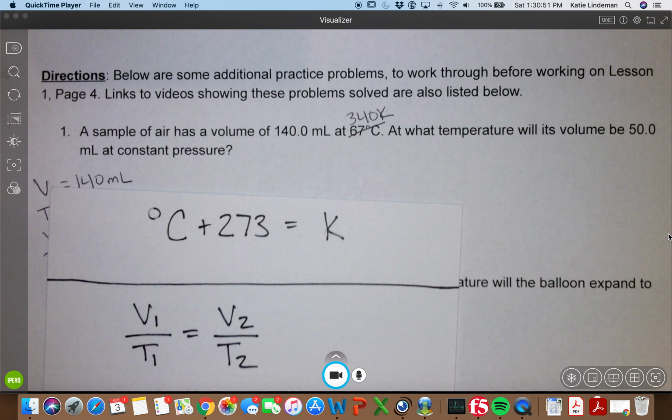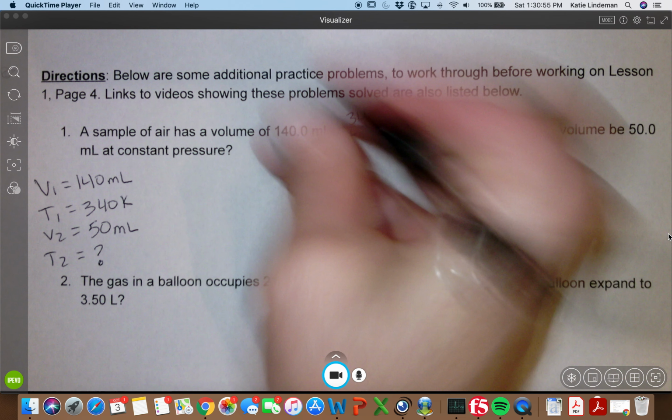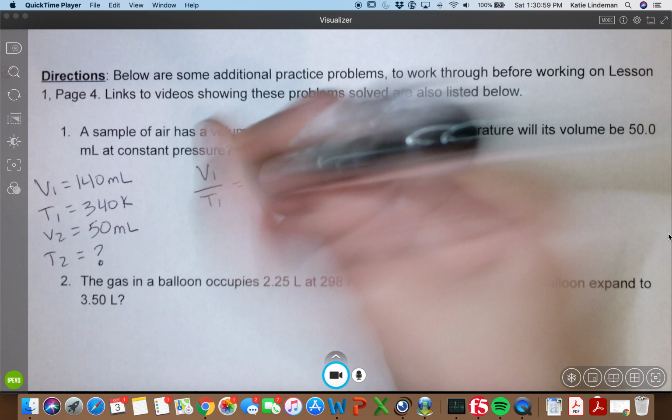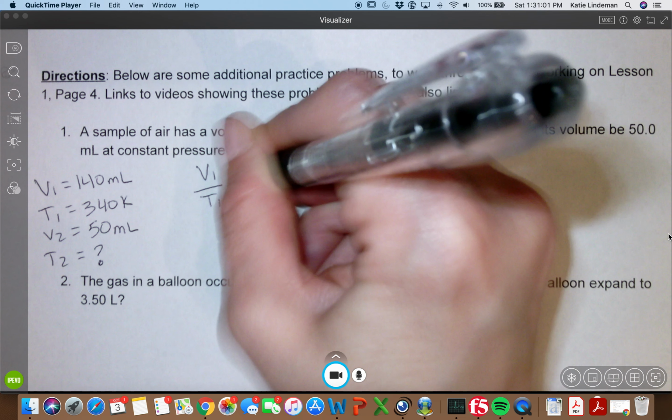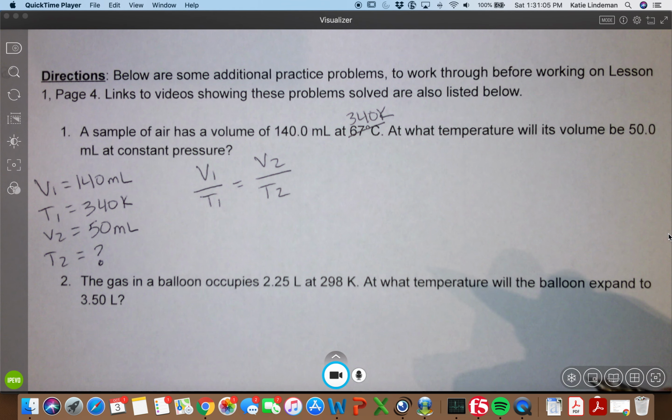So again, I'm using this equation here, and the first thing I want to do is just copy it down. So V1 over T1 is equal to V2 over T2, and I'm solving for T2. So I want to isolate T2 first, and I'm going to use the method of moving the equation around and then solving.